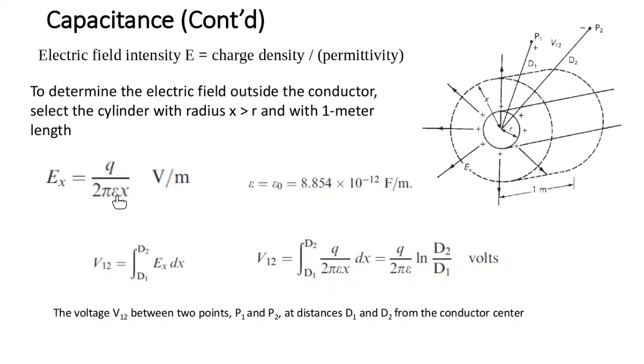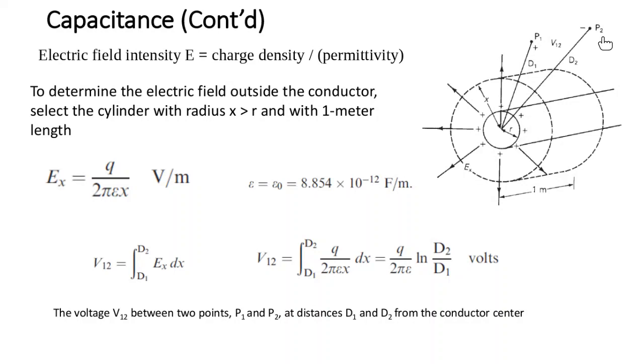Epsilon here is called permittivity. In inductance, it's called permeability. Both have the same meaning in Arabic, samahiyah. So in capacitance, we call it permittivity. And as you can see, we integrate outside the conductor.